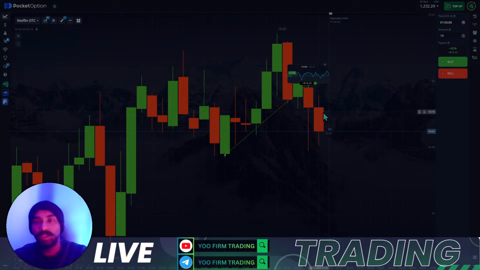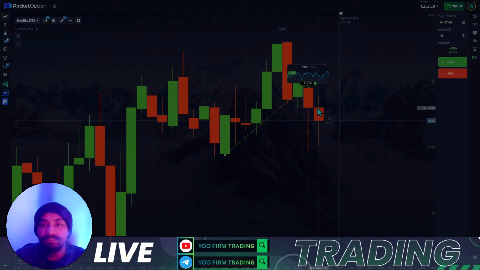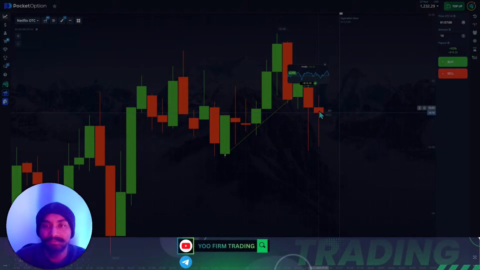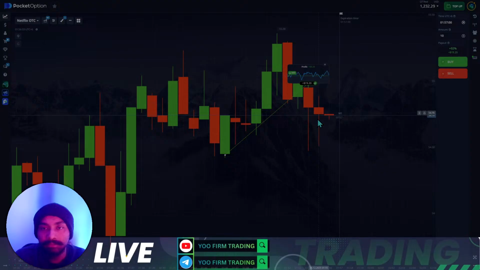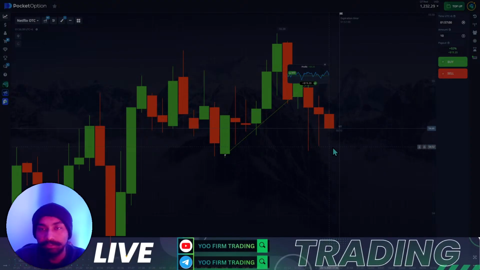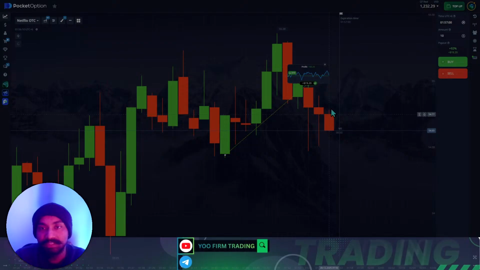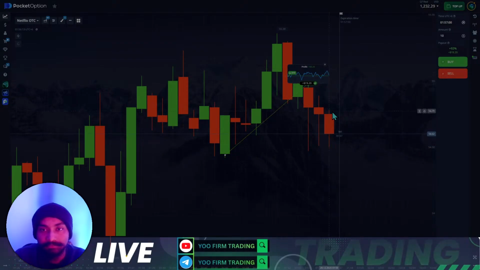And that's the thing, it has lots of rejections. Yep, and this made a high, right? This is a continuation type of candle. That doesn't mean it wants to go higher instantly.